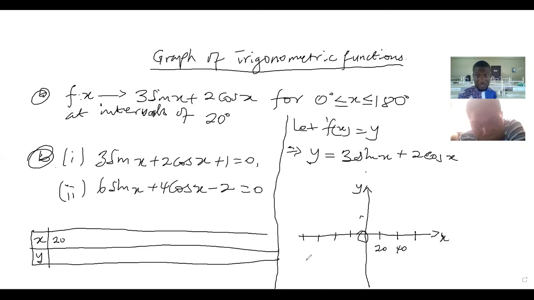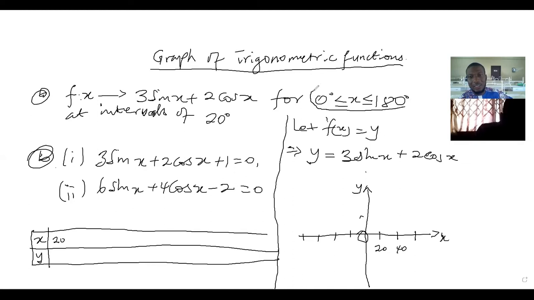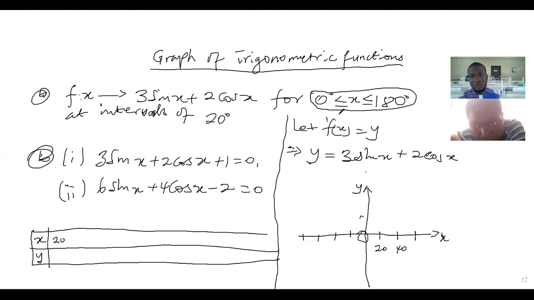So 0 degrees less or equal to x less or equal to 180. That means our x values should start from 0 and end at 180.